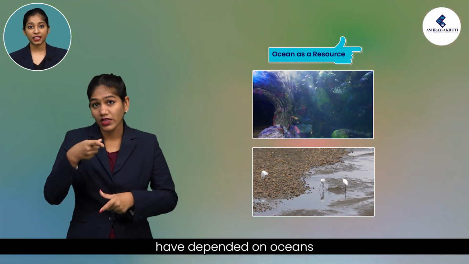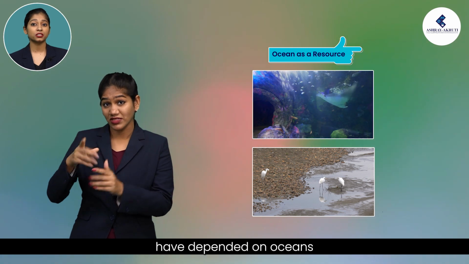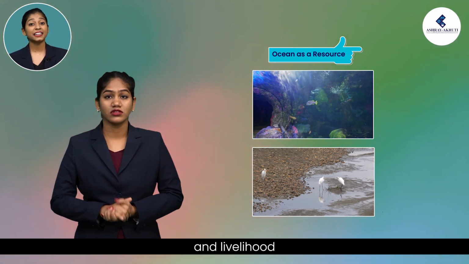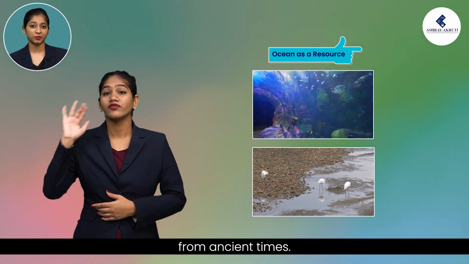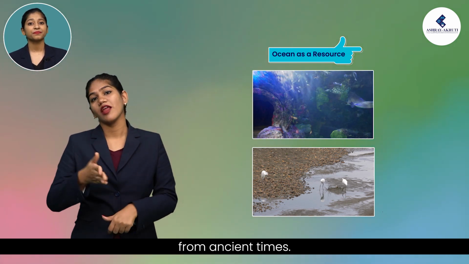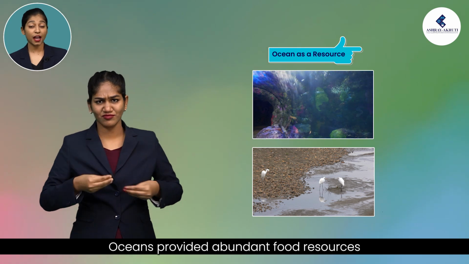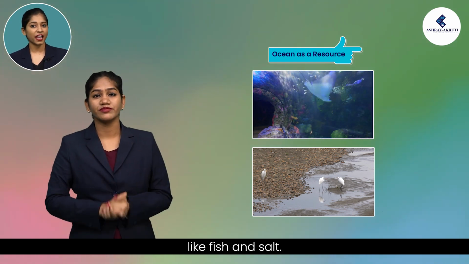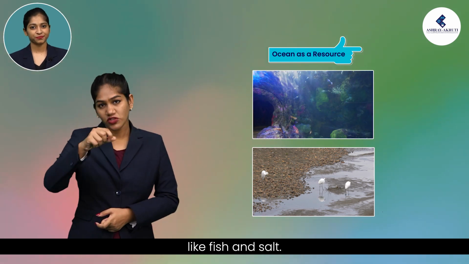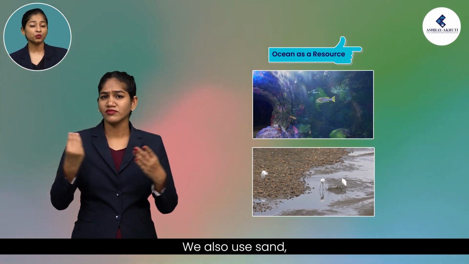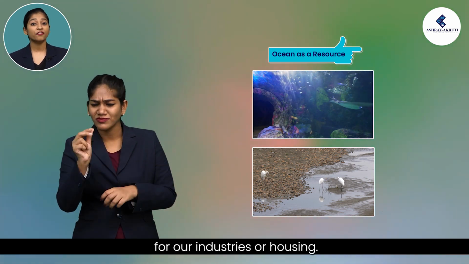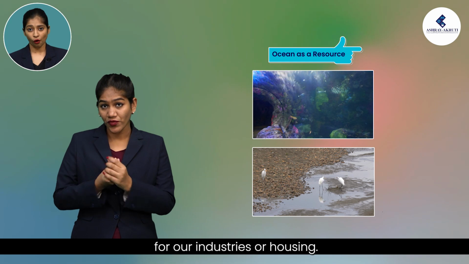Human beings have depended on oceans for their food and livelihood from ancient times. Oceans provided abundant food resources like fish and salt. We also use sand, gravel, etc. for our industries or housing.